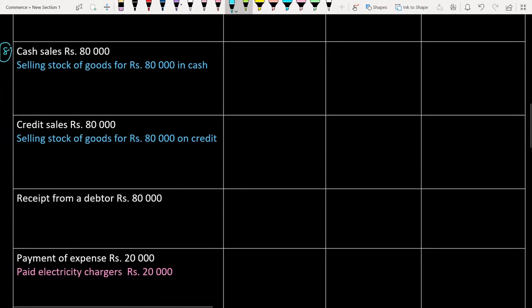Again, I'm going to write the accounting equation. Assets in rupees equals equity in rupees plus liabilities in rupees. Right, what happens here?